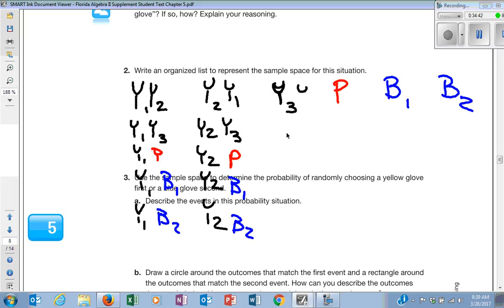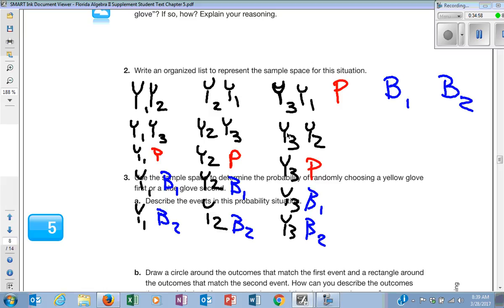Yellow 3, could choose yellow 1, yellow 2, purple, blue 1, blue 2. Does it make sense? Do you see how I made this chart?